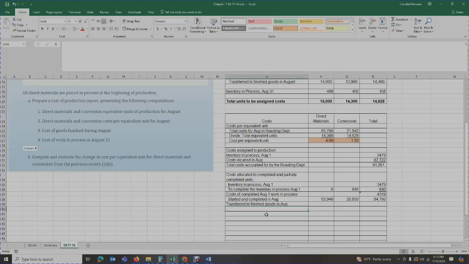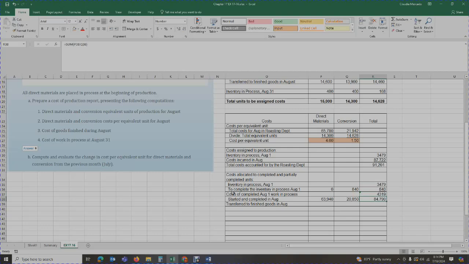Now that we've figured out what was started and completed in August, we can figure out what was transferred to finished goods in August. What was transferred to finished goods in August is going to be the total that we just calculated, the 43.19, which is the cost of completed August 1 work in process, and what we started and completed in August.